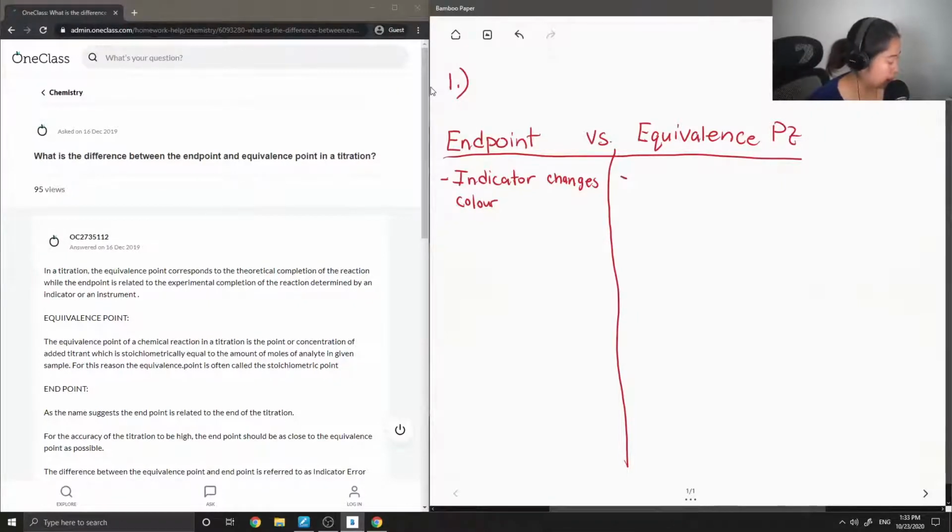The equivalence point, on the other hand, is when your titrant is chemically equivalent to your analyte.